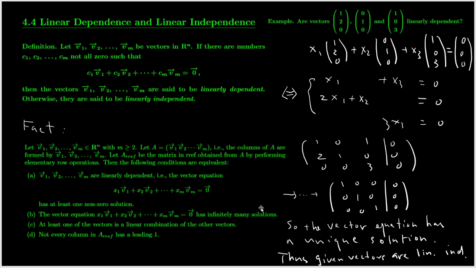Fortunately, there's another shortcut method to determine if the vectors are linearly independent or dependent. The shortcut method is also included in here. You look at item number D. I will redo the question using the shortcut method.